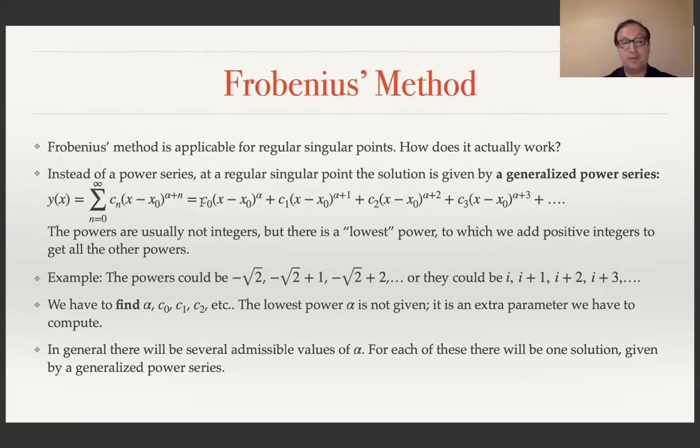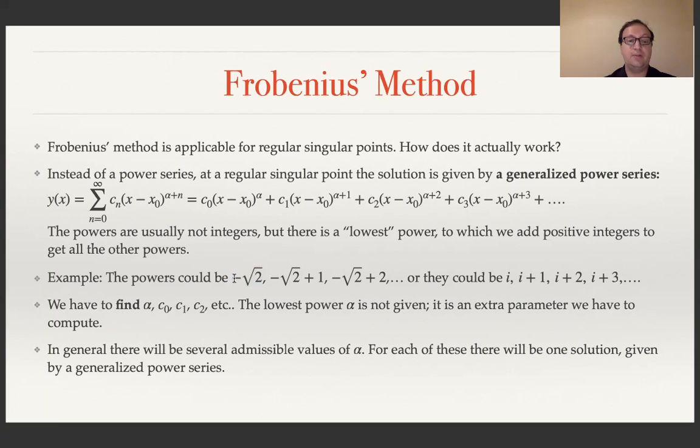So we assume that the solution is given by this infinite sum, C0 times x minus x0 to the alpha plus C1 times x minus x0 to the alpha plus 1 plus C2 times x minus x0 to the alpha plus 2, etc. The lowest power in the generalized power series is not always an integer, so this power alpha could be a number like square root of 2 or 3.5, or it could even be a complex number like 2i or 1 plus i square root of 2, etc. However, no matter what power we start with, all the powers will be that power plus some positive integer.